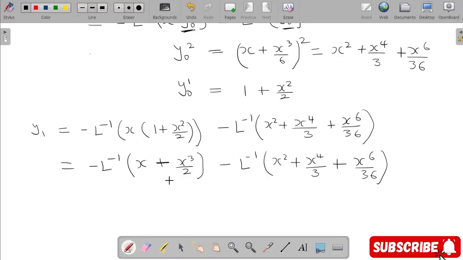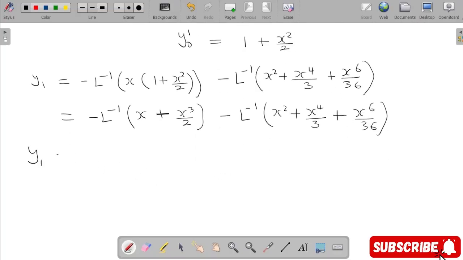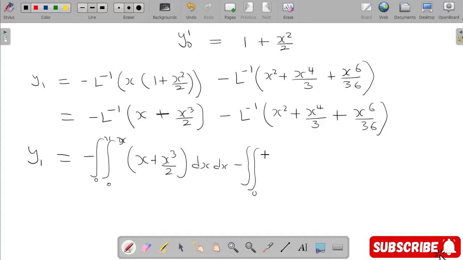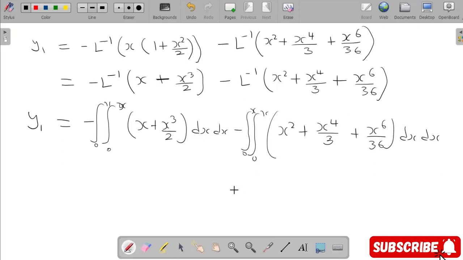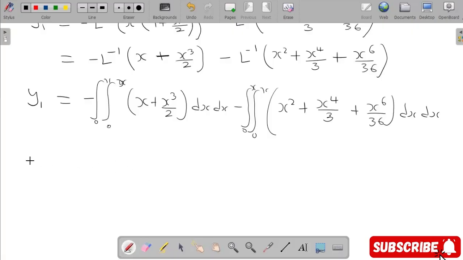So finally, to obtain y1, our y1 will now be minus double integral of (x plus x raised to the power 3 over 2) dx minus double integral of (x squared plus x raised to the power 4 over 3 plus x raised to the power 6 over 36) dx, and doing that will now give us y1.